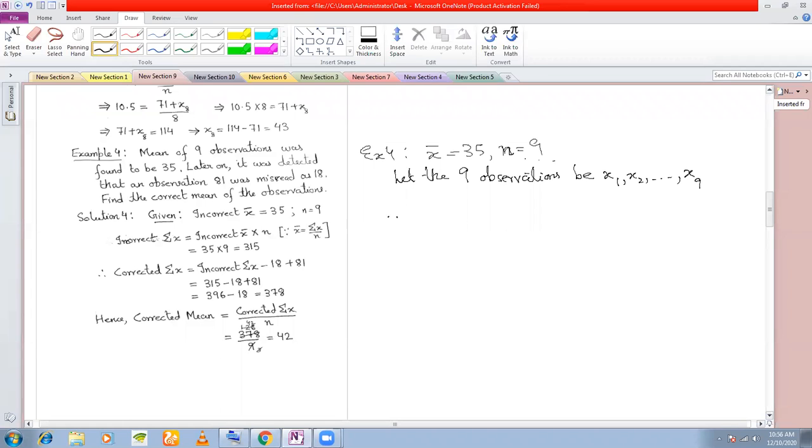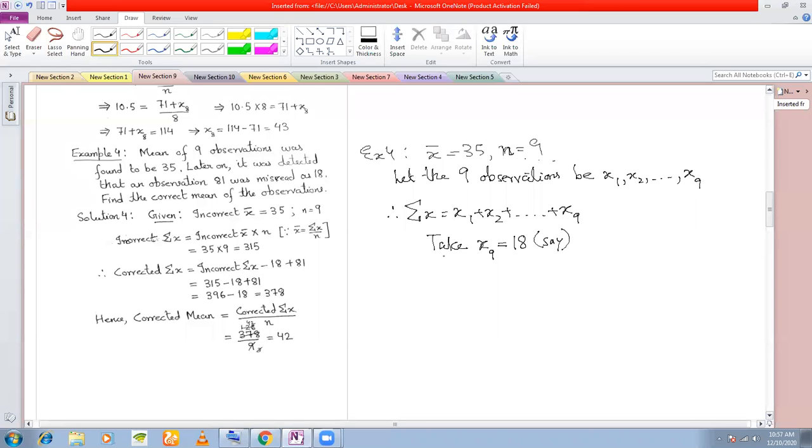So what is summation x? Summation x is the sum of the observations, x1 plus x2 plus up till x9. Now suppose we take x9, this observation that was misread, as 18.